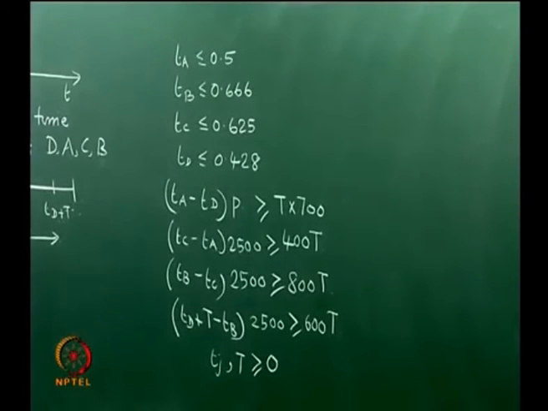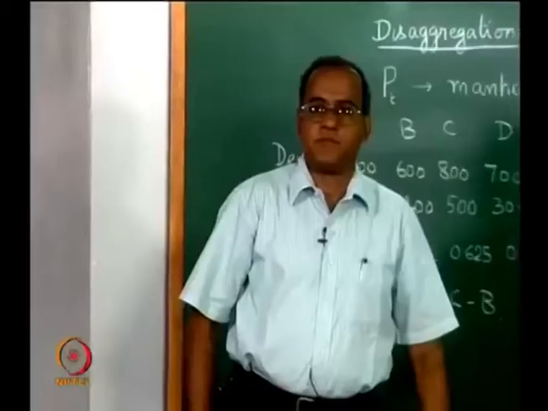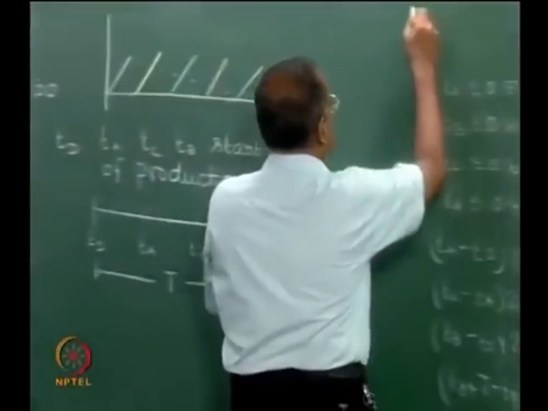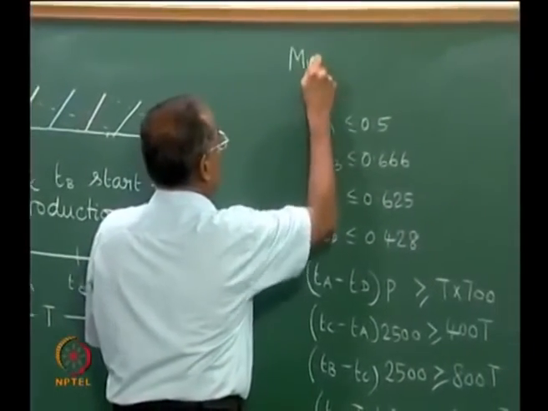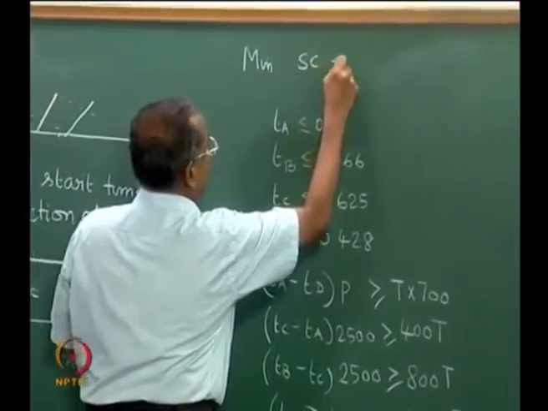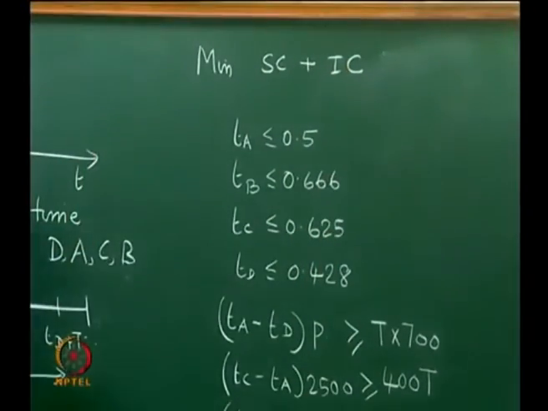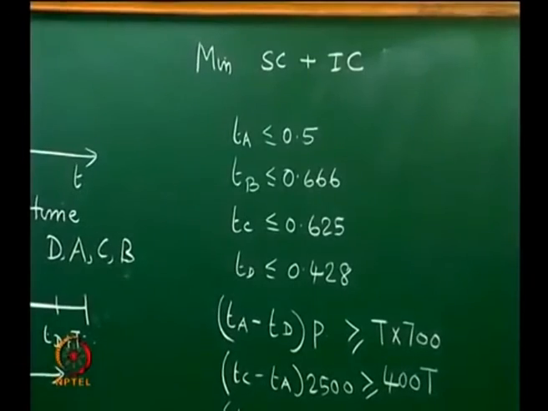So, these are the constraints that we actually have, and then we have to write a suitable objective function. Now, the usual objective function is to minimize the sum of the setup cost plus inventory cost. This is a very standard way of doing it.